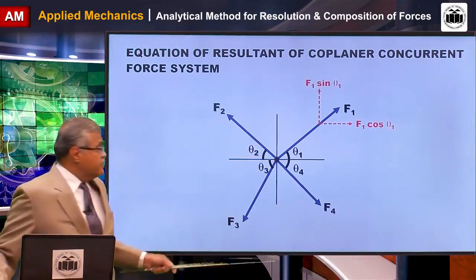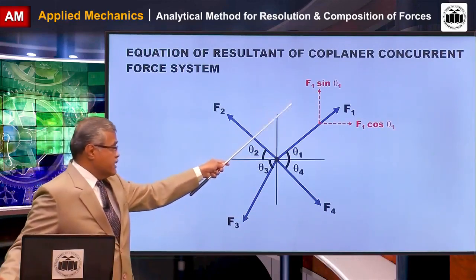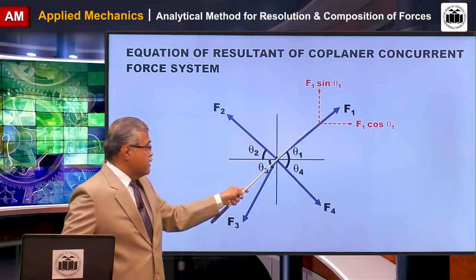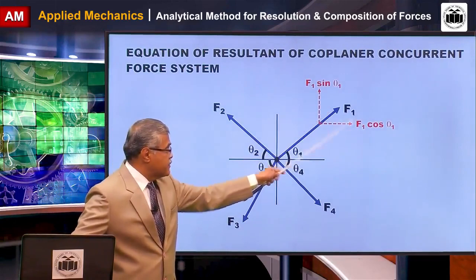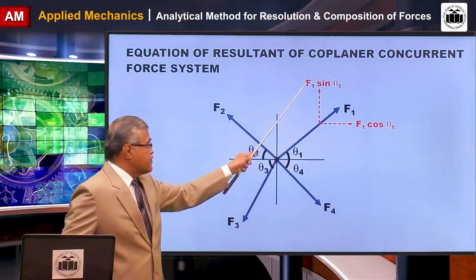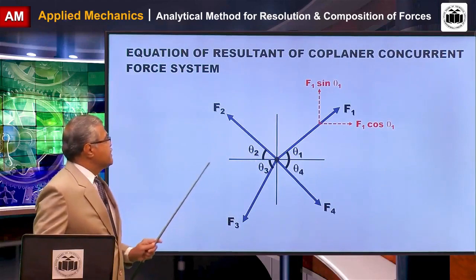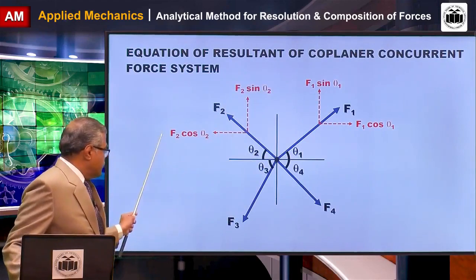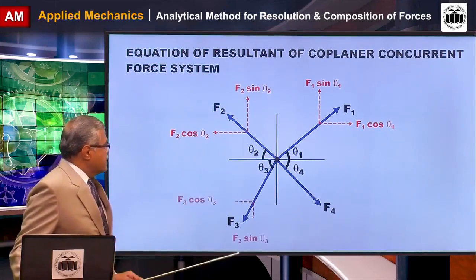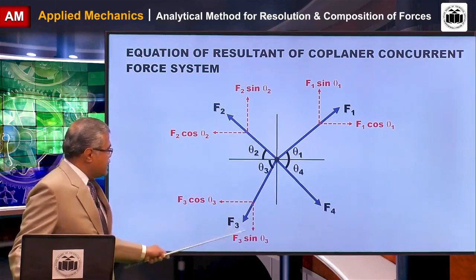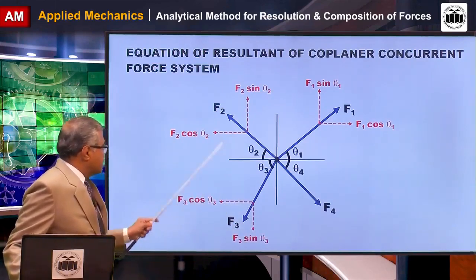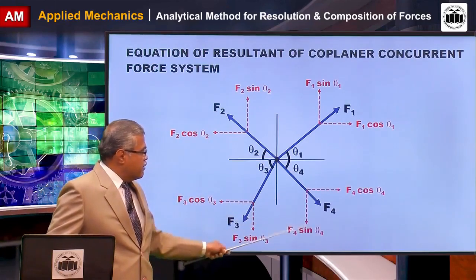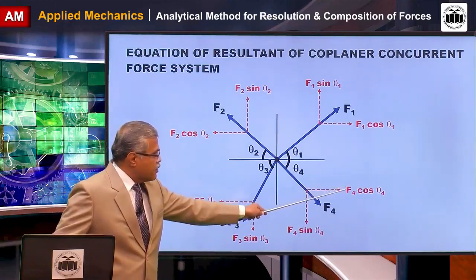Then here are the components, just as we have seen, the orthogonal components. The orthogonal component of F1 in the horizontal direction is F1 cos theta 1, and in the vertical direction F1 sin theta 1. Similarly for F2, the vertical component is F2 sin theta 2 and F2 cos theta 2 is the horizontal component. For F3, the vertical component is F3 sin theta 3 and the horizontal component is F3 cos theta 3. For force F4, the vertical component is F4 sin theta 4 and the horizontal component is F4 cos theta 4.